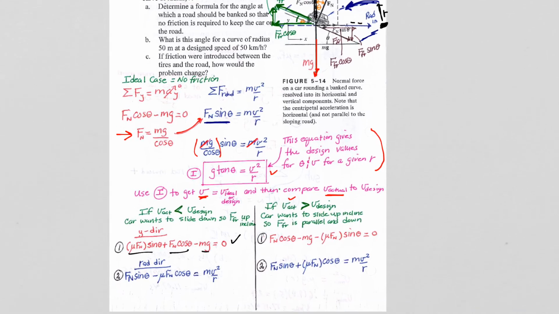And in the radial direction, notice now we have competing radial forces. We have force normal sine theta still radially inward, so that hasn't changed. But now we have a radially outward mu force normal cosine theta equals mv squared on r for our circular motion.